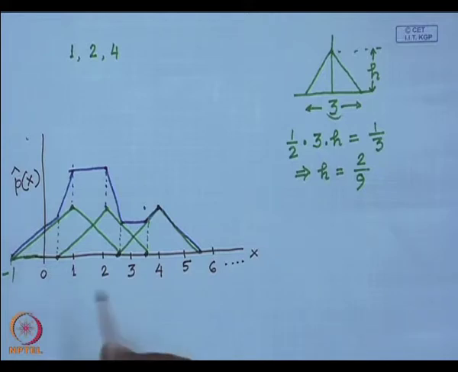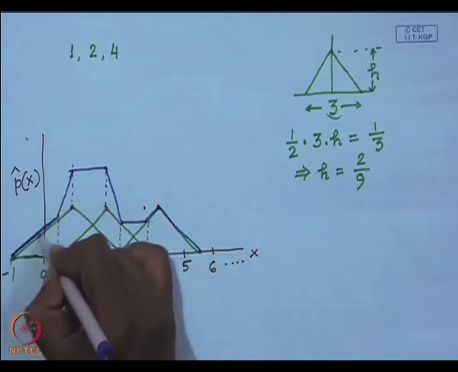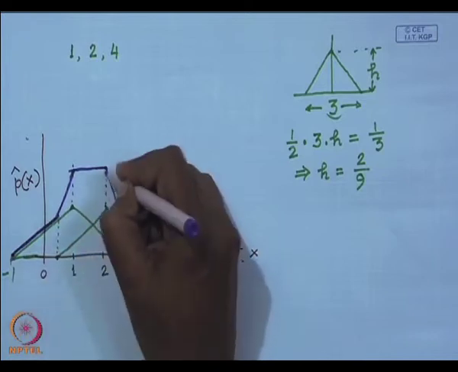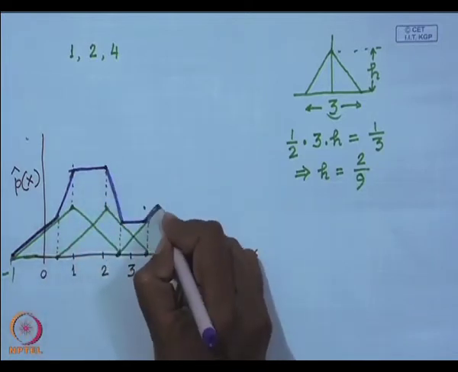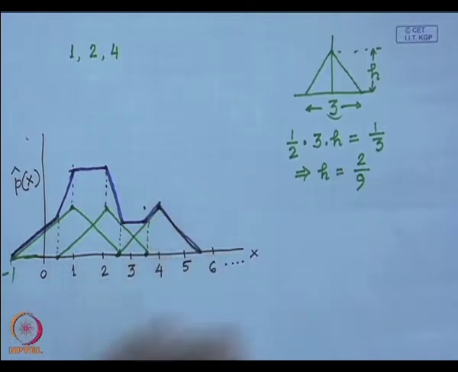My final probability density estimate is given by the superimposed curve, shown in this blue line. This is the final probability density estimate.